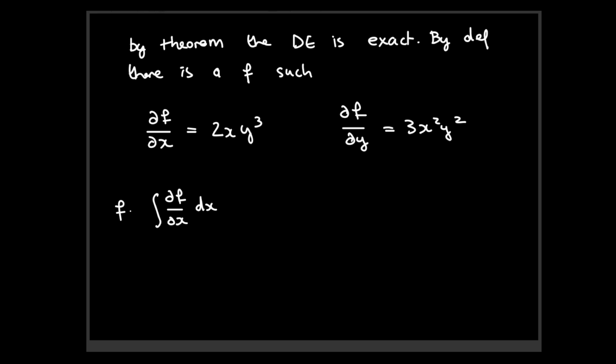This is really the main technique here. So we integrate this expression, treating y as a constant, and this becomes exactly x squared times y cubed.